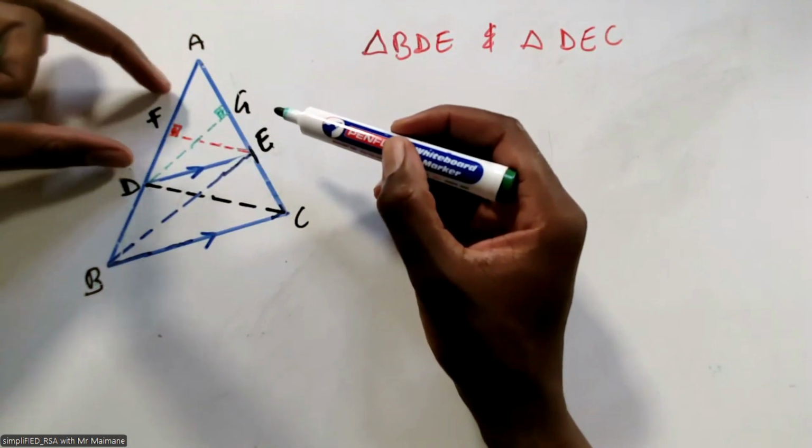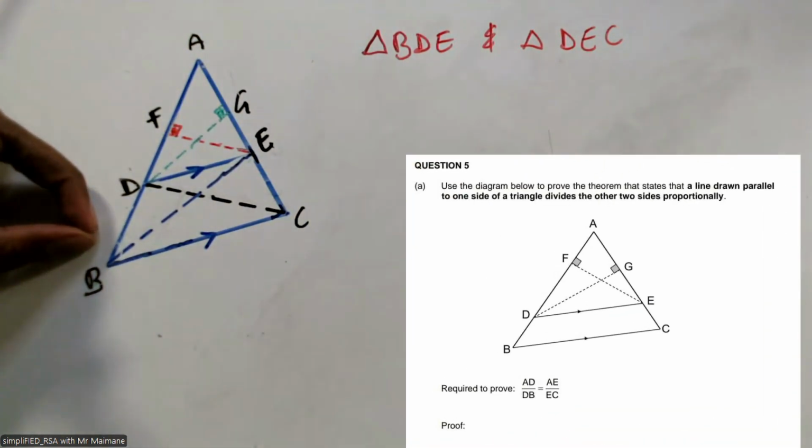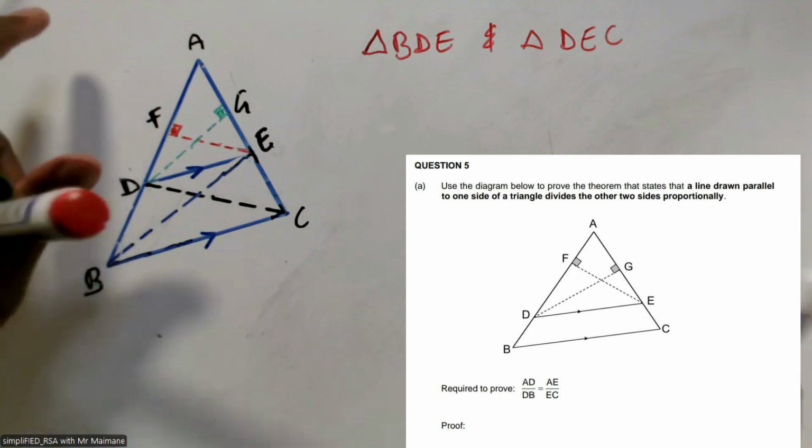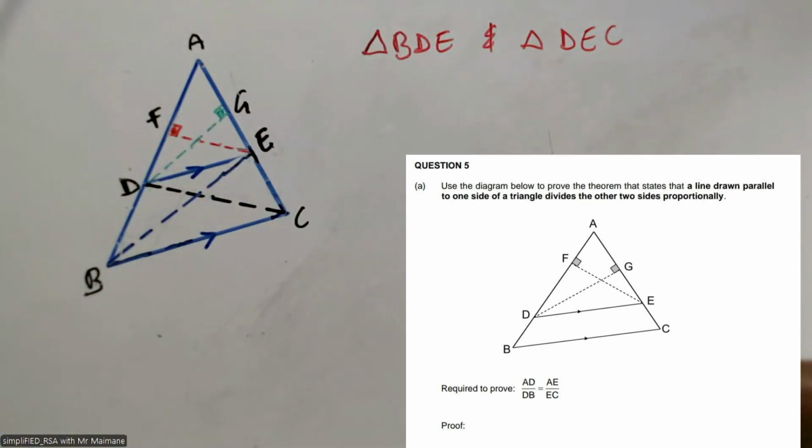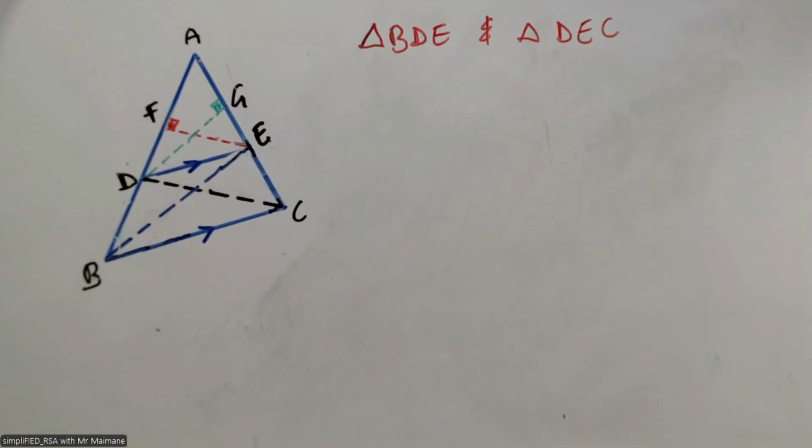And if I see AD and BD as what I see on my proof there, I can say something about this to relate to the proof. Without wasting time, remember, we are practicing here. I'm not showing you a magic of how to get it easy.